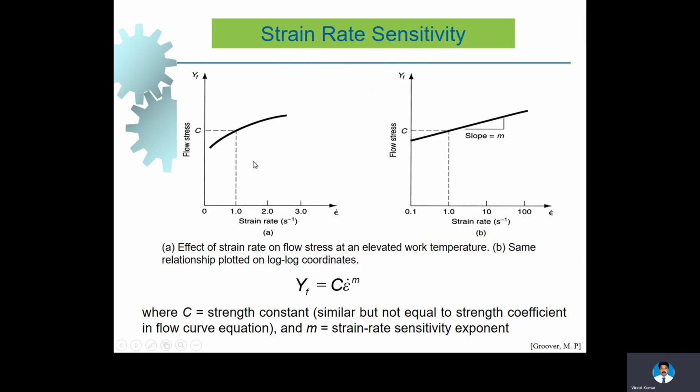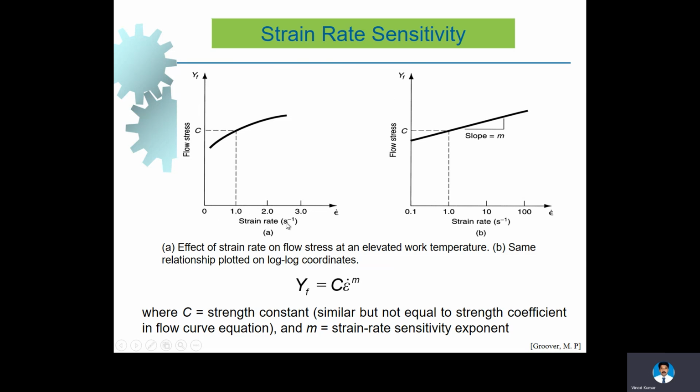This can be explained with the help of a diagram here. As you increase the strain rate, the flow stress for the deformation also increases. Corresponding to unit strain rate, we have a value of flow stress that is defined as C. So C is called the strength constant, which is the flow stress required to produce unit strain rate.